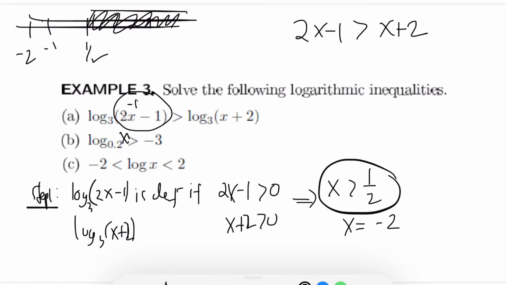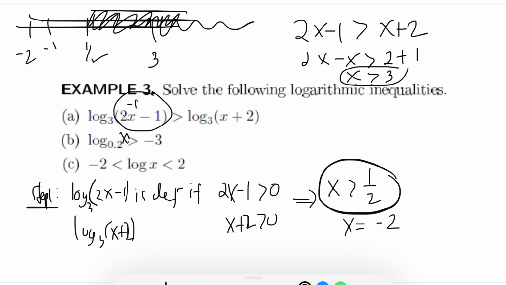Solve for x. 2x minus x is greater than 2 plus 1. So we have x is greater than 3. So where is 3? 3 is here, right? So x must be greater than 3. So take the intersection of these three conditions. Therefore our final answer for this one is from 3 to positive infinity.